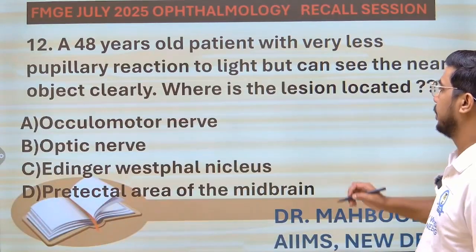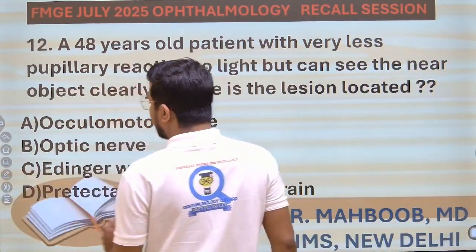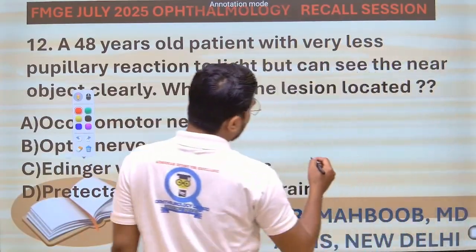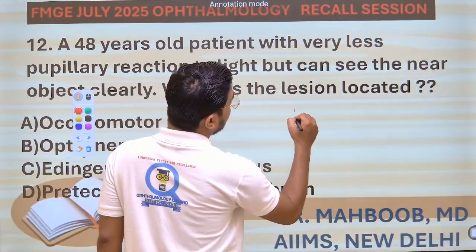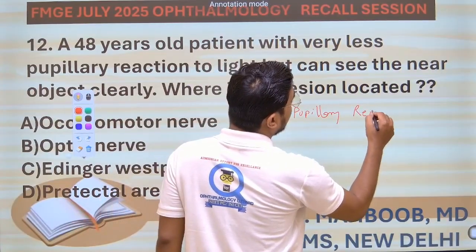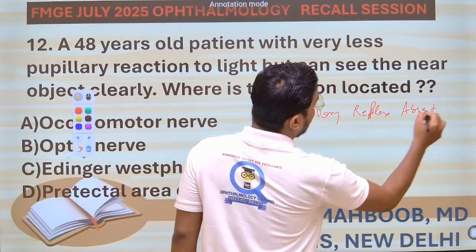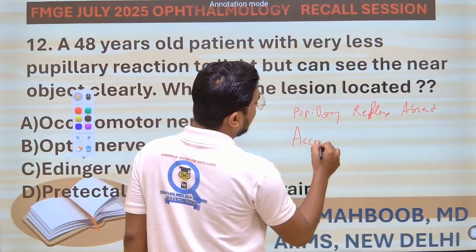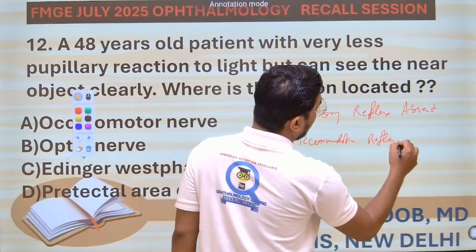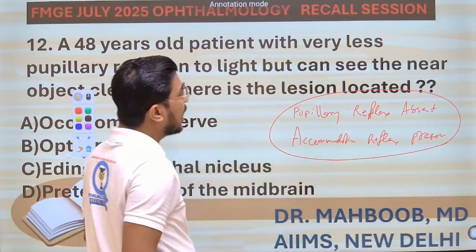Where is the lesion? Let me tell you, this question is actually saying pupillary reflex absent, accommodation reflex present. So where is the lesion?